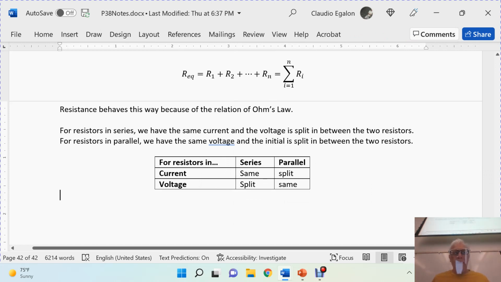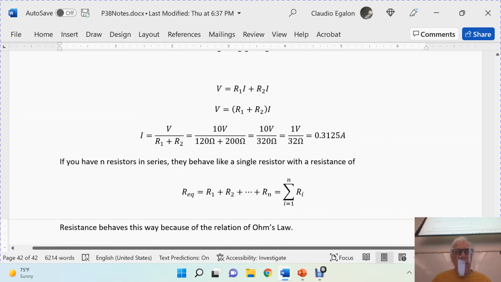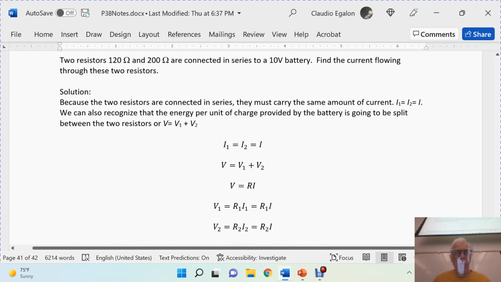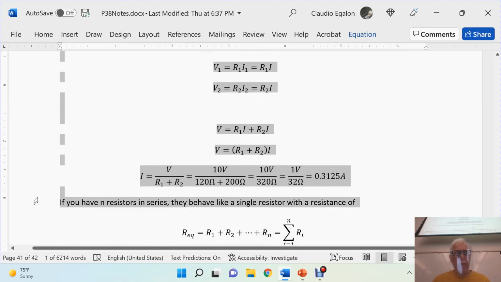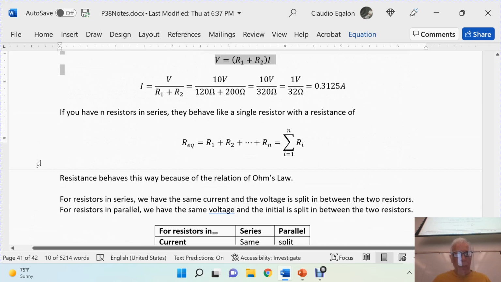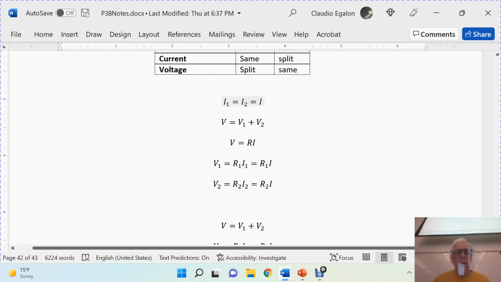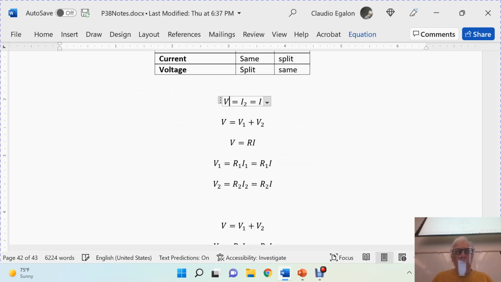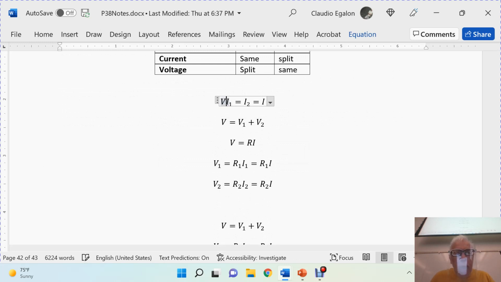So what happens when we have this situation? Okay, so what does it mean? We're going to do exactly what we did here. We're going to follow the same steps. Start with those steps here, and then we make some adjustments along the way. Instead of current, now you're going to have the voltage. The voltage across resistor 1 is equal to the voltage across resistor 2.